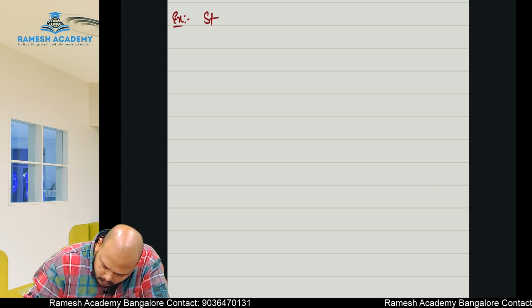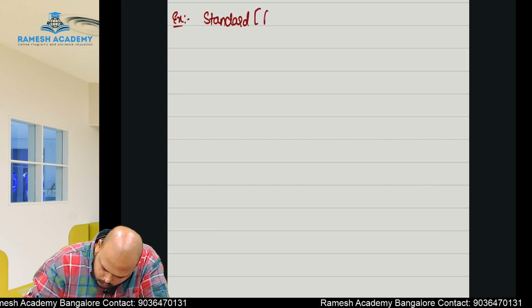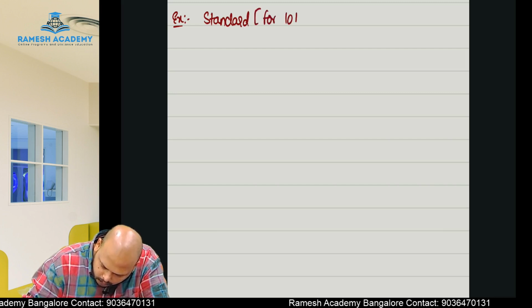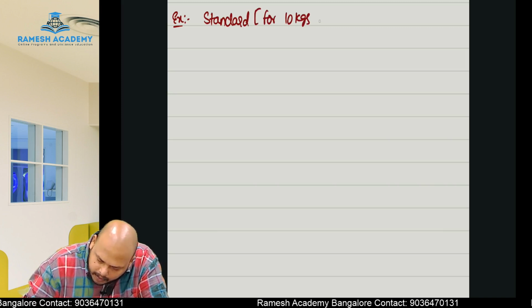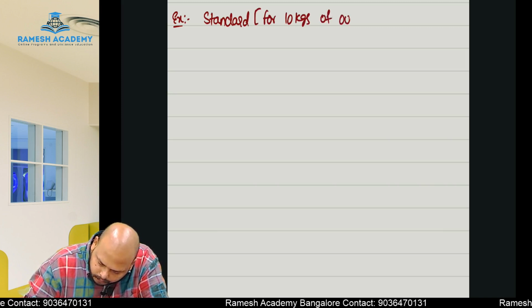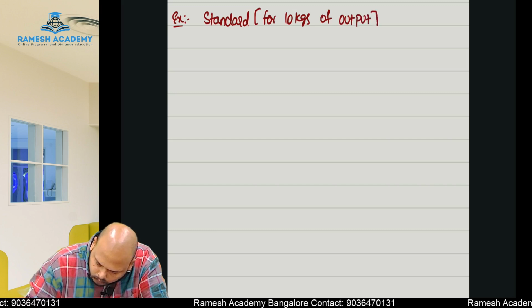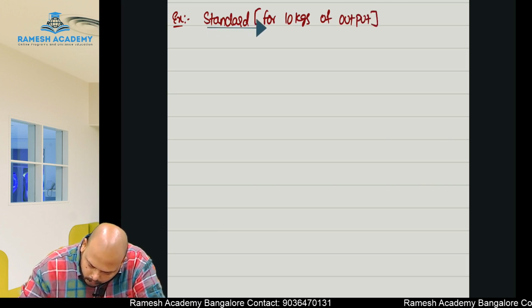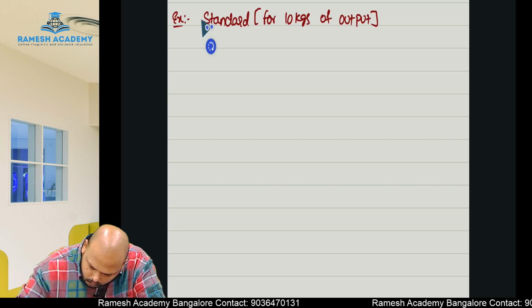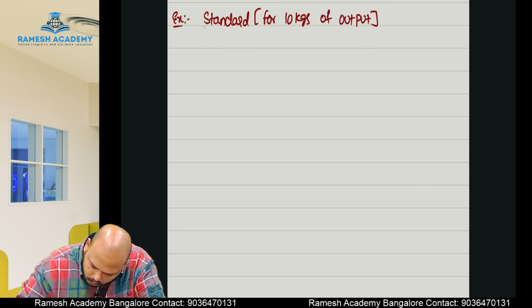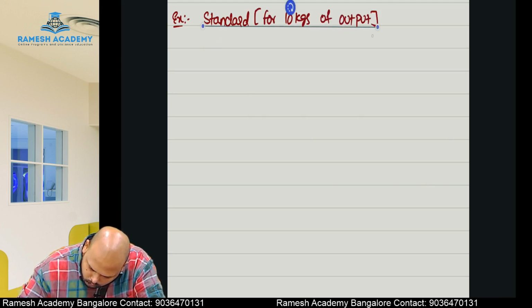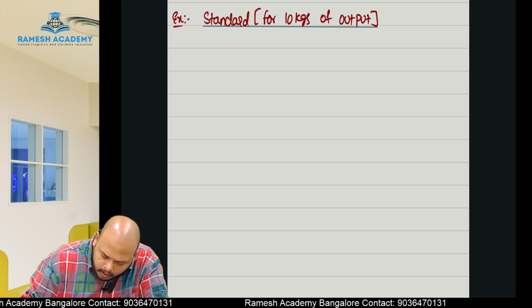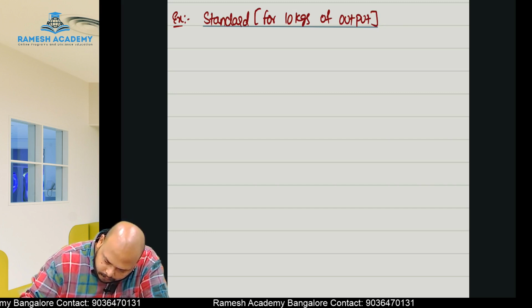Standard for 10 kgs of output. The standard is given for 10 kgs of output. There are two raw materials here.